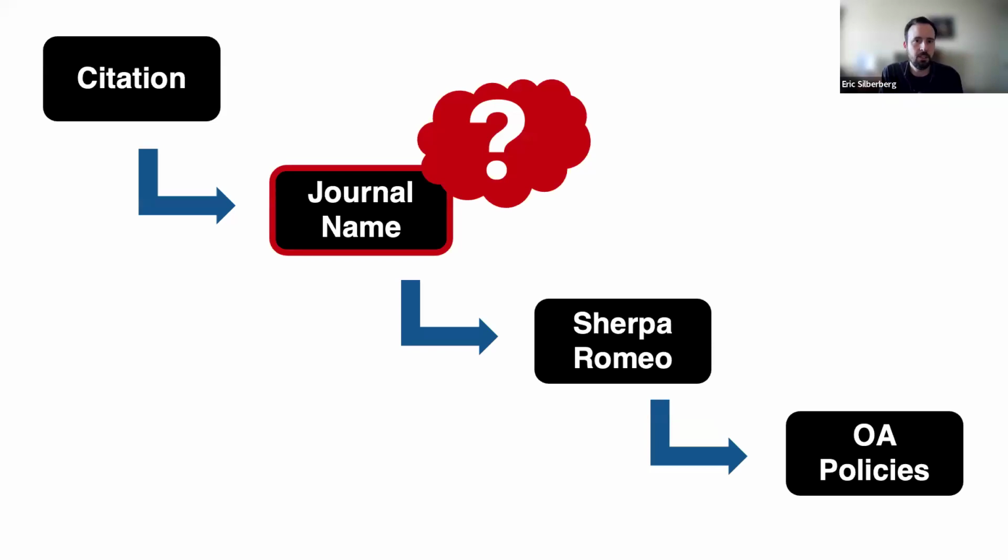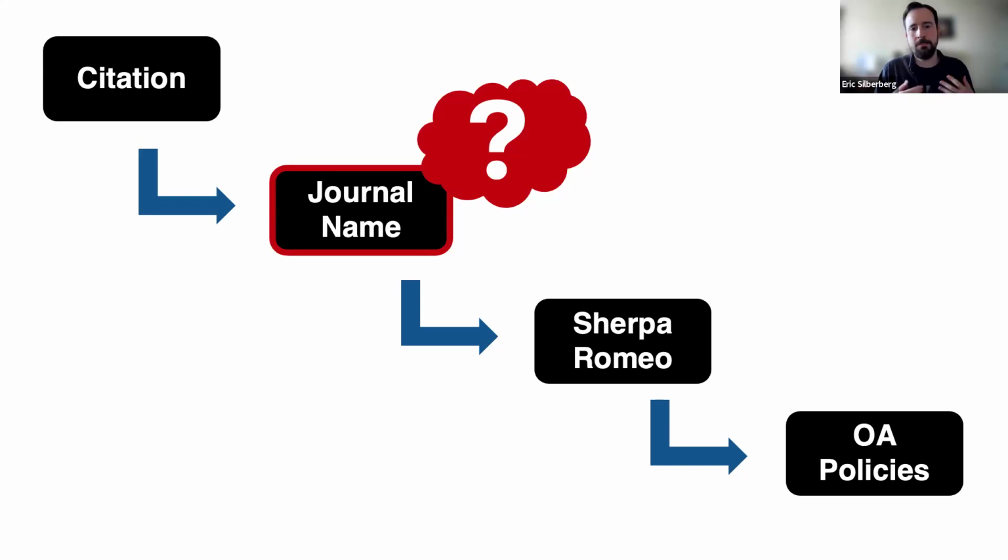So here's what I was thinking and how it would work in an automated system. I would have the list of their citations, and then from those citations, I would need to be able to extract the journal name. And then once I have the journal name, I would be able to use Silberberg's API, meaning to just automate sending them the journal name. And then Silberberg would give back to me the open access policy for that journal.